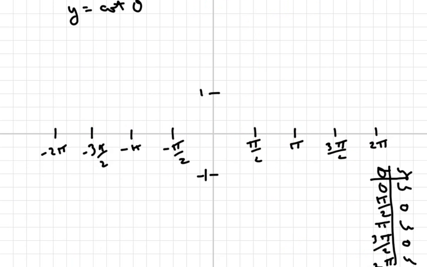Our period for cotangent is the same as tangent. The period for cotangent is just pi. I'm going to draw my undefineds at 0, at pi, and at 2 pi.